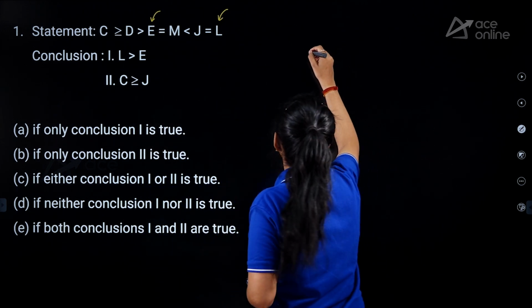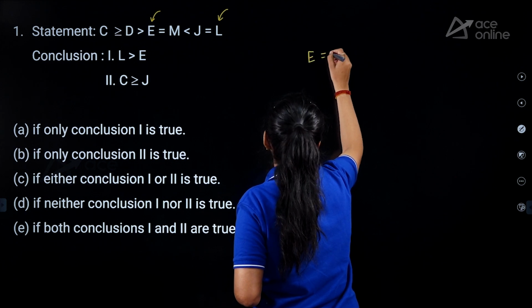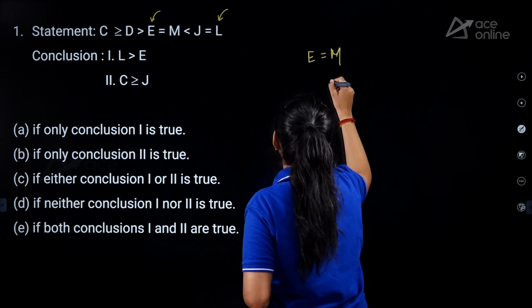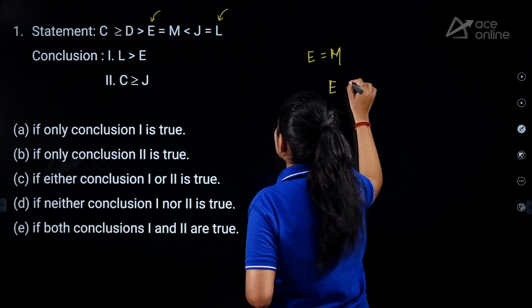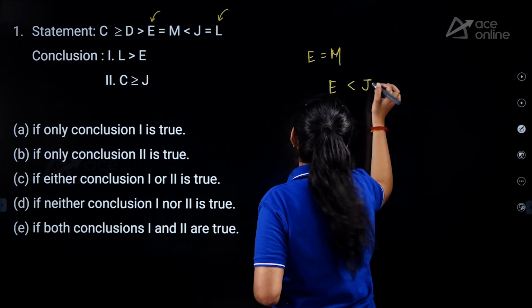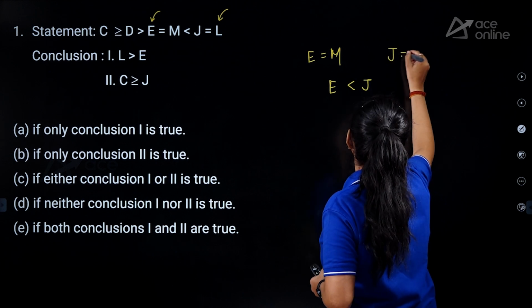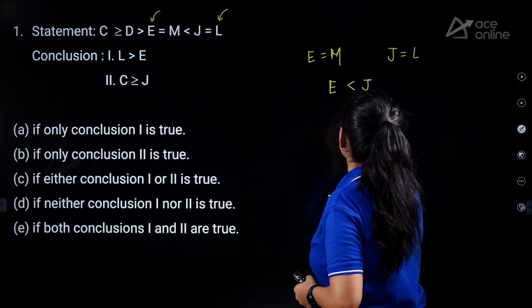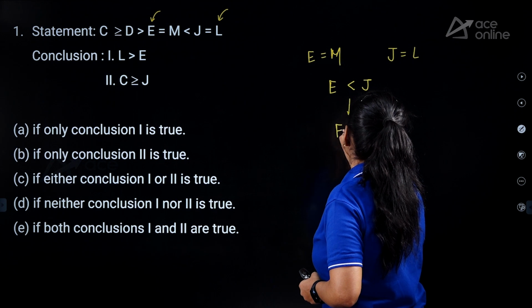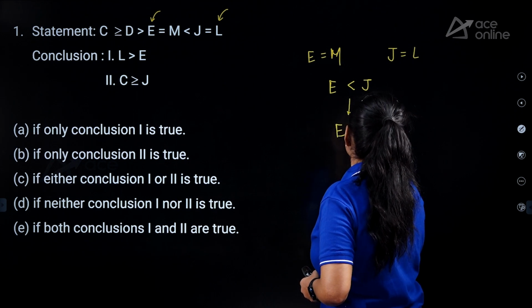If we will see that here E equals to M, so we can directly write it like E is less than J and J is equal to L. We know that J is equal to L. So instead of writing this one, we can also write it as E is less than L.